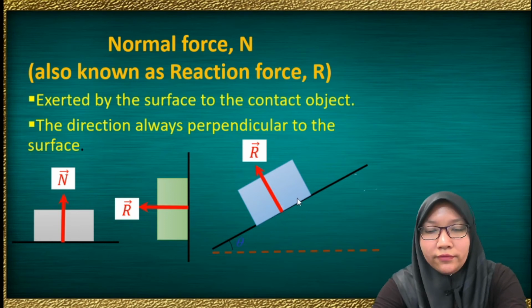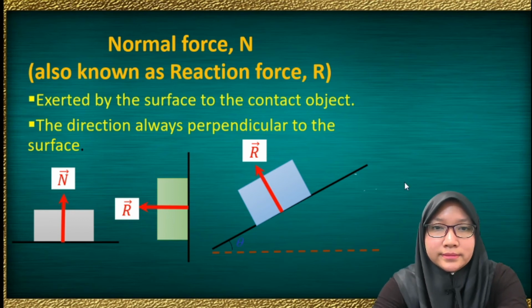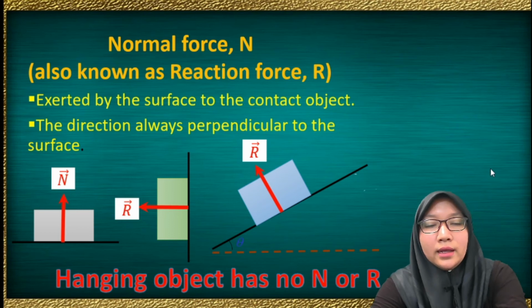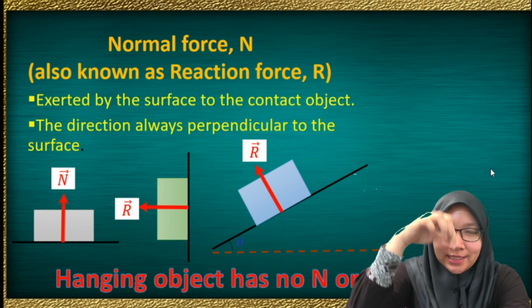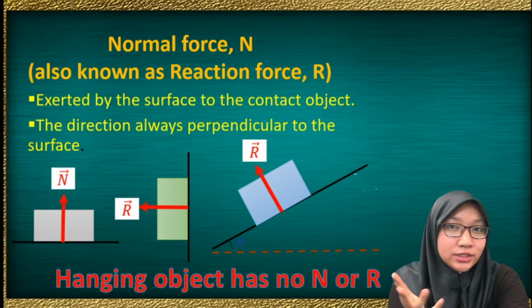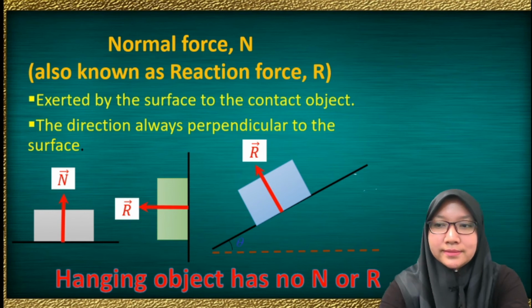So this is our surface, perpendicular to the surface is this way. So this is our reaction. You have to be careful for a hanging object. Okay, you hang something up, there is no N or R because it doesn't touch any surface.